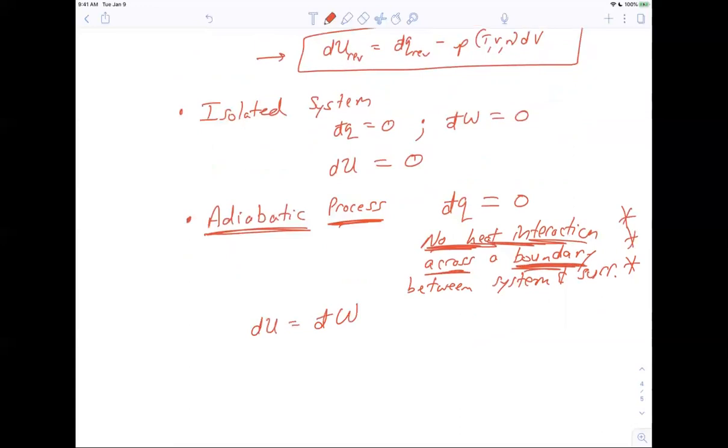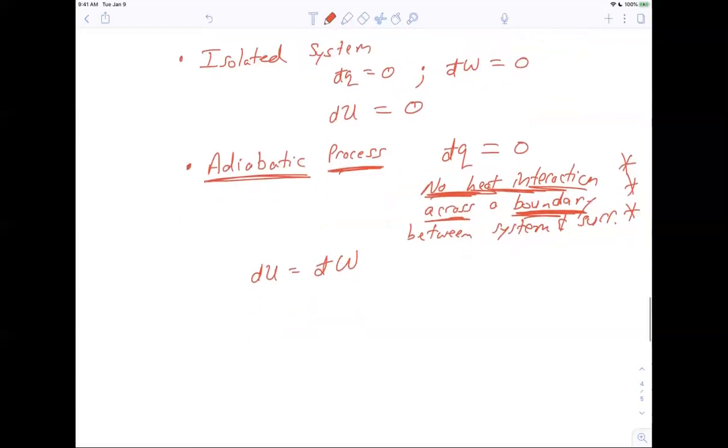So what, does this strike anyone as a little strange? There's a few things I want to discuss here in terms of the types of functions that we have on either side of the equal sign. If we look at this case, because of course dq is 0. dq is 0 for an adiabatic process. So we have du is equal to dw.